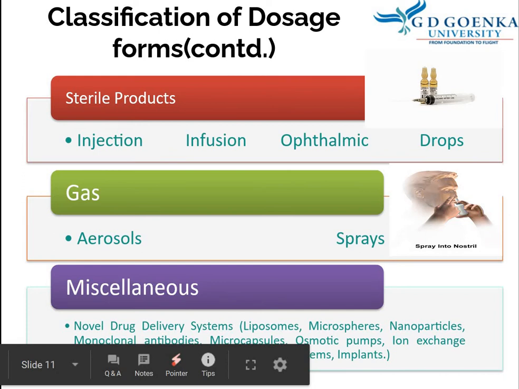They are novel drug delivery systems, which include all those delivery systems which are in research and discovery: liposomes, microspheres, nanoparticles, monoclonal antibodies, microcapsules, osmotic pumps, ion exchange resins, implants, transdermals.